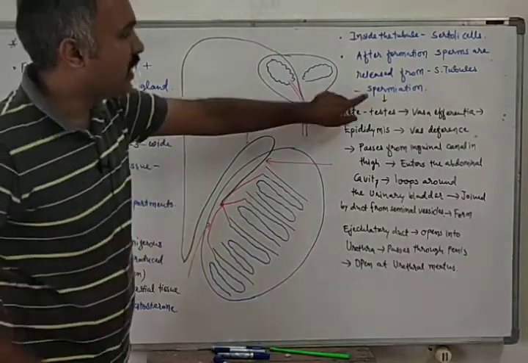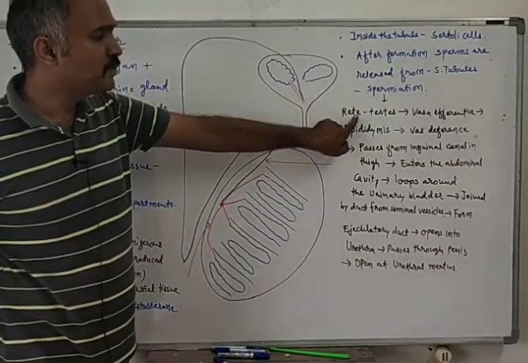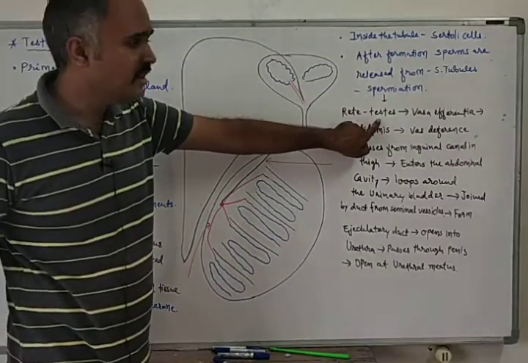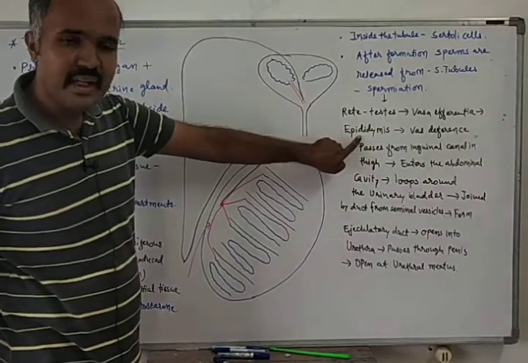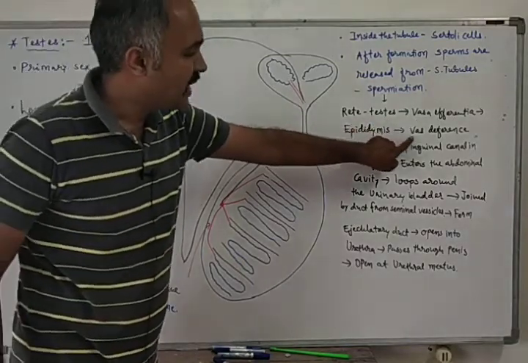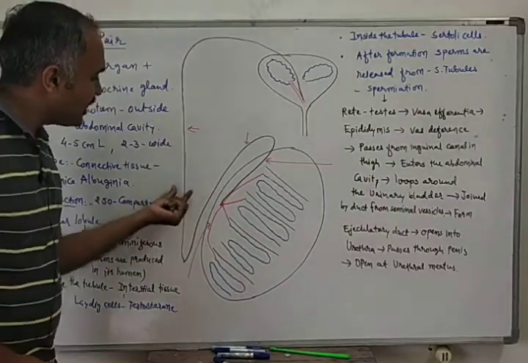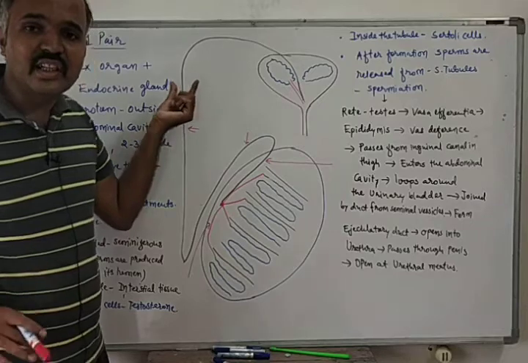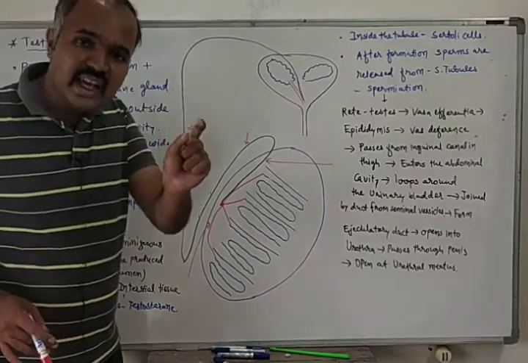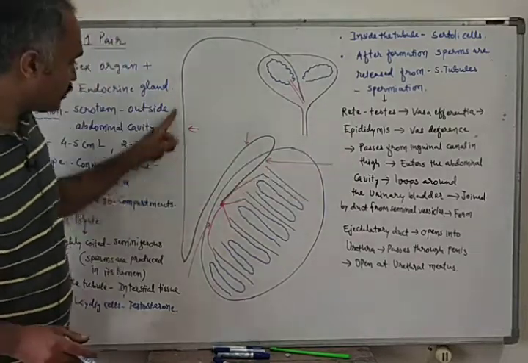So after spermiation, sperms go into the rete testis, then enter the vasa efferentia, then the epididymis, then the vas deferens.